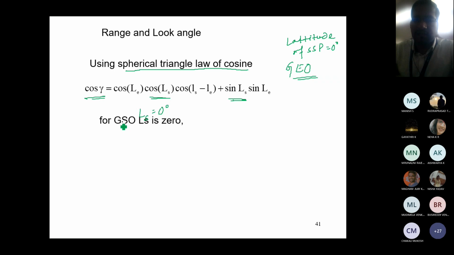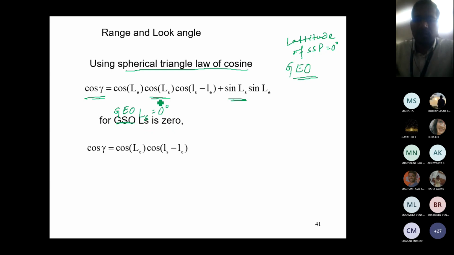Let me correct, it is not GSO, it is GEO, because all GSOs are not GEO. That means all geosynchronous satellites are not rotating in the equatorial plane. So for a GEO satellite, LS is 0.